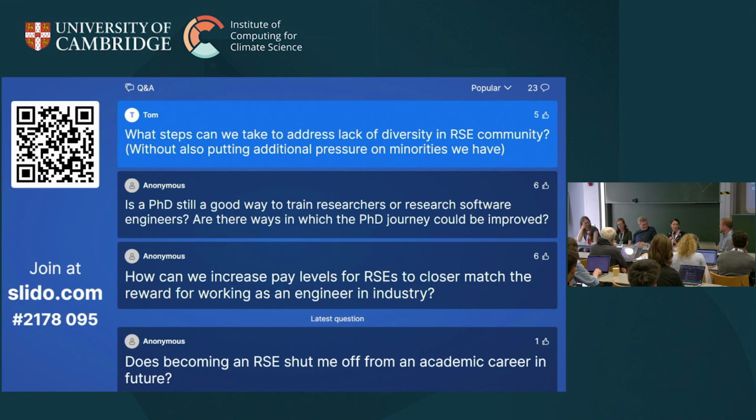I need to plug Neil's paper, because Neil Chue Hong from the SSI has published on this. What they did is they looked at the fields RSEs typically come from, in terms of physics and maths, computational science, and yes, we do have a problem. We're less diverse than the pools that we're taking them from.